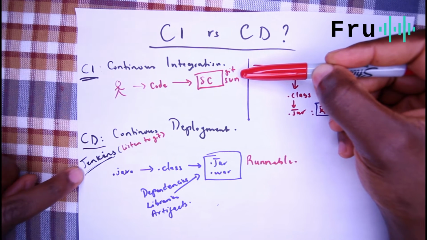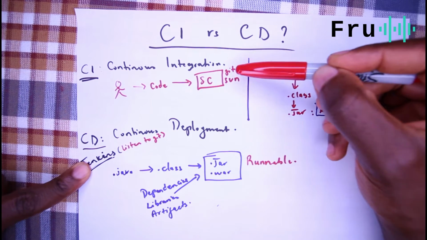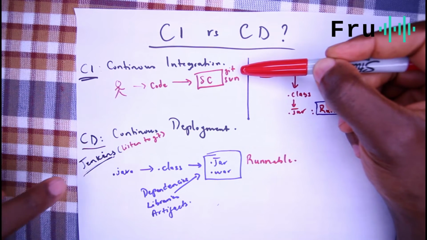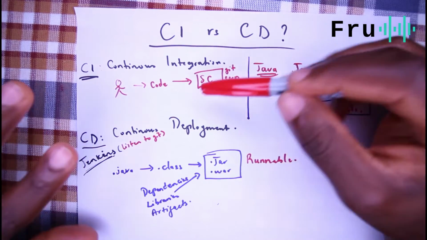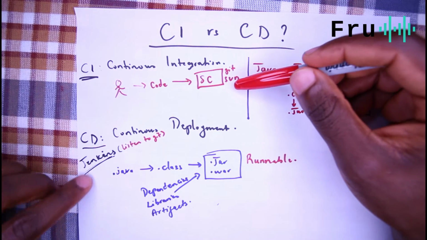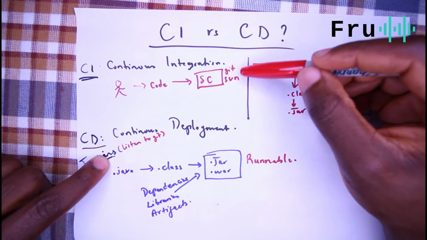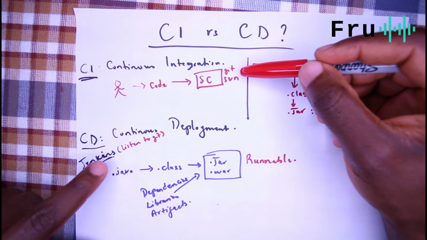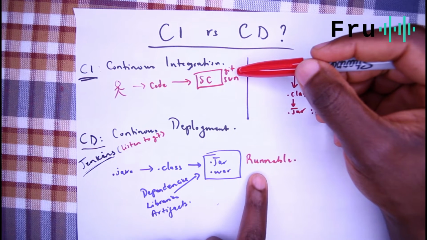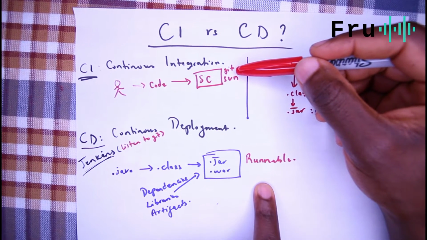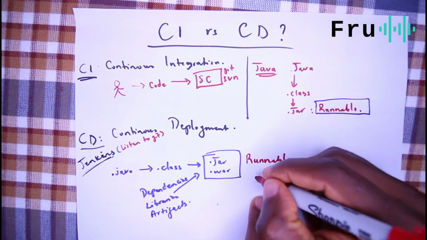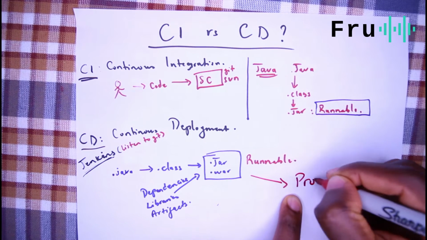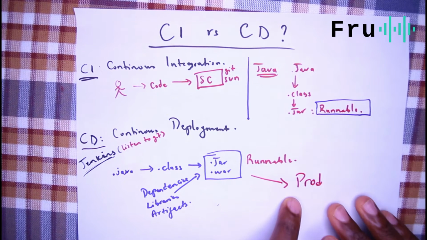When a commit happens in a Git repository, Jenkins listens, and depending on how you've set up your CI/CD flow, once it sees a commit to this Git branch, it takes that commit and does all these builds. Now it has something it can actually run, and this runnable gets pushed into your environment, which could be prod. I'm just oversimplifying this here.